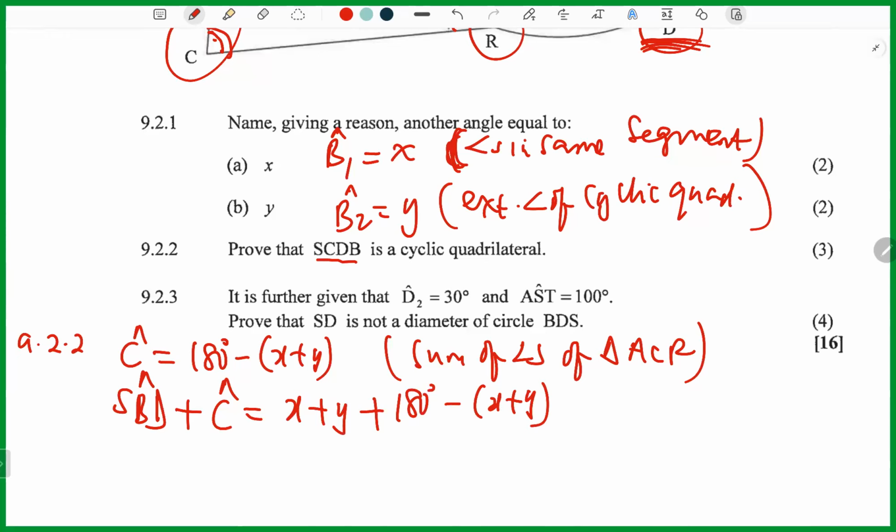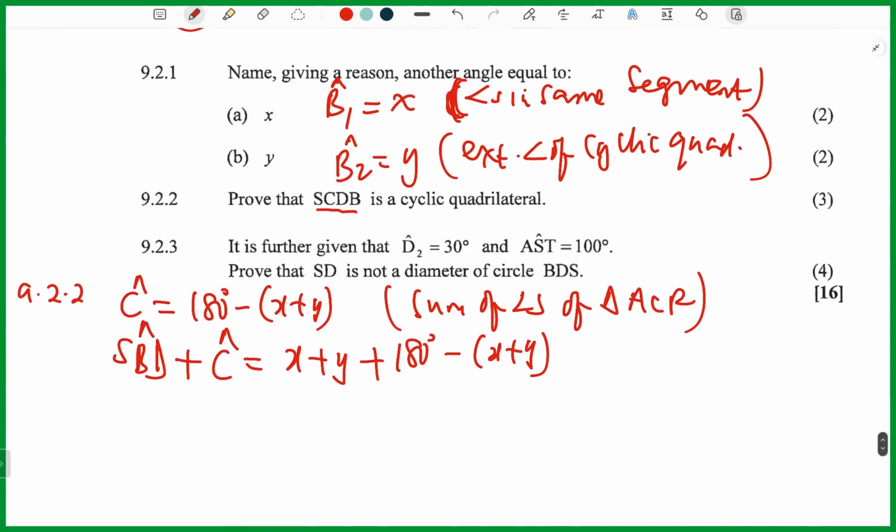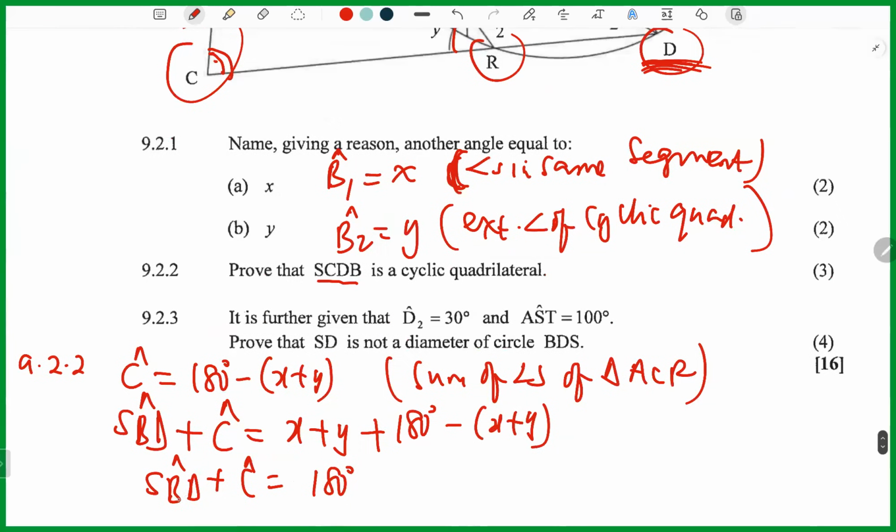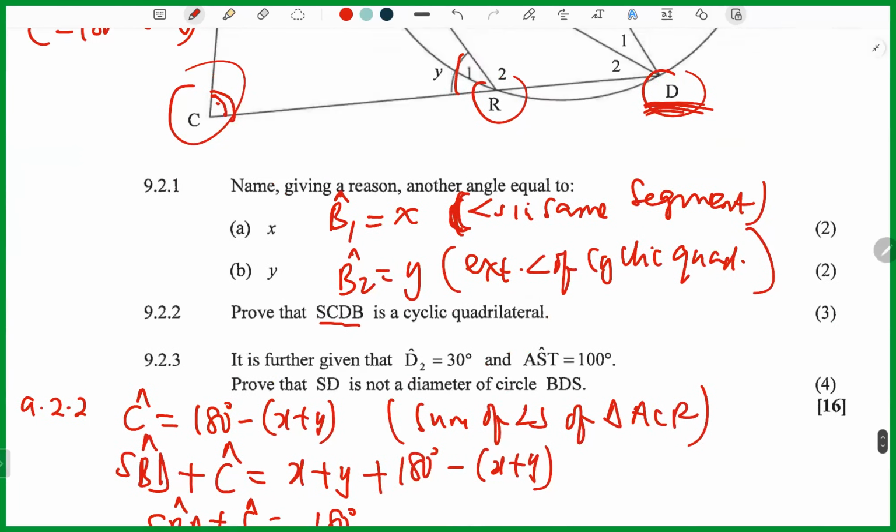So what is all this? It means therefore that angle SBD plus angle C, the X plus Y minus that, becomes 180 degrees in summation. We're in business now because we have proven that SBD plus C is 180 degrees.